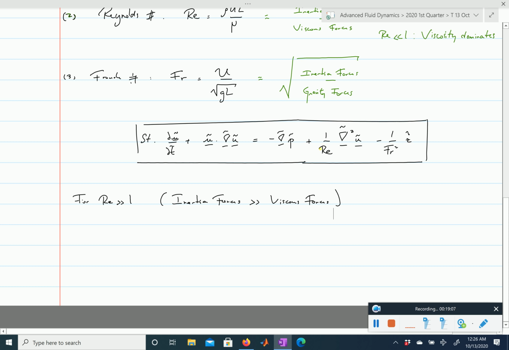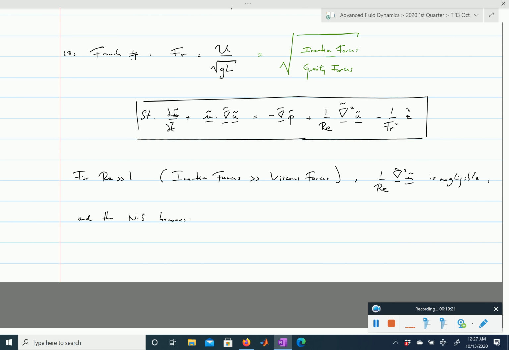And so in the limit where the viscous forces are negligible, then we can omit this term, which yields the Euler equation. And so the Navier-Stokes equation then simply becomes, so we have our inertial term on the left-hand side, the unsteady inertial term, and the nonlinear inertial term, the pressure term. This term becomes equal to 0 minus our body forces.